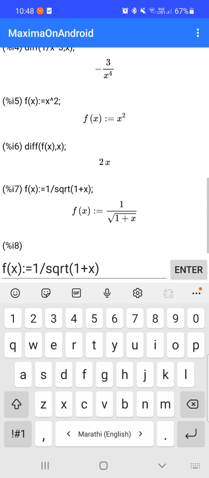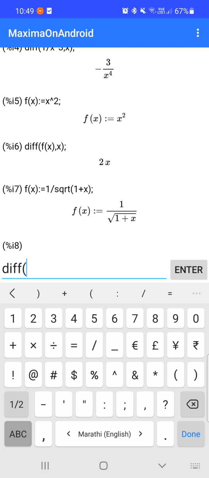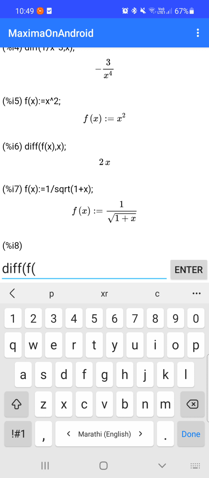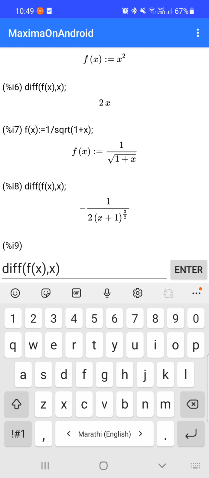So it is f of x is equal to 1 divided by square root of 1 plus x. And now to find a derivative, just enter the command diff of f of x having variable x. So it is equal to minus 1 divided by 2 times x plus 1 raised to 3 by 2.